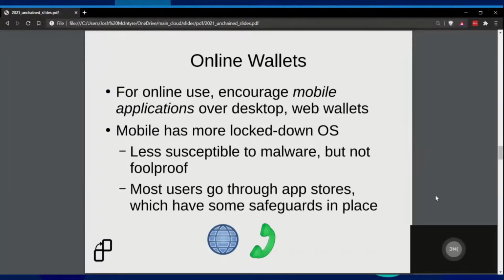But in general, an Android device or an iOS device has a more locked down system, more safeguards in place. Most users go through app stores, right? So most users, if they're careful or not, it's not as easy to download a malicious application that might try to get at your keys or ask you to sign a false transaction.